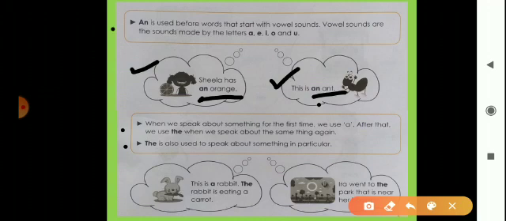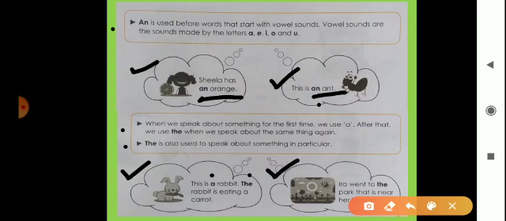So look here. For example, this is a rabbit. Look here. The rabbit is eating a carrot. First time, before rabbit we use a. But when we talk about the rabbit again, that time we use the. Now the second example.